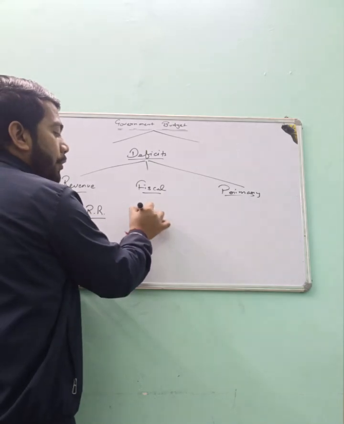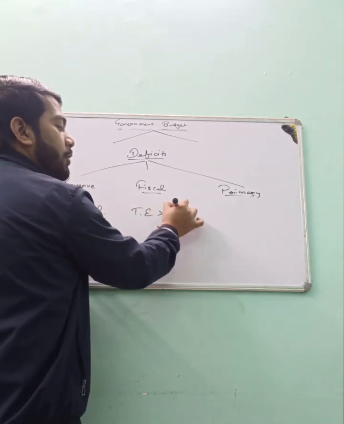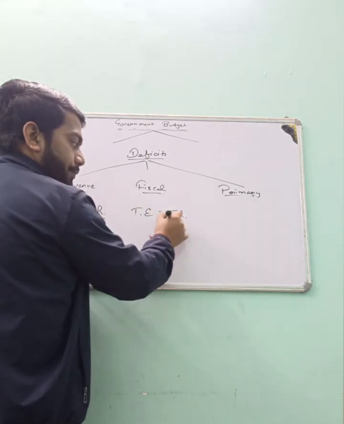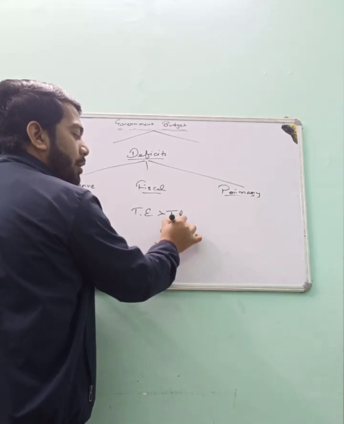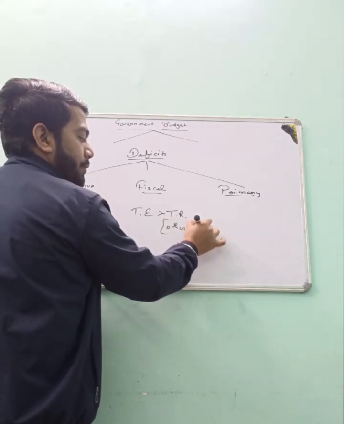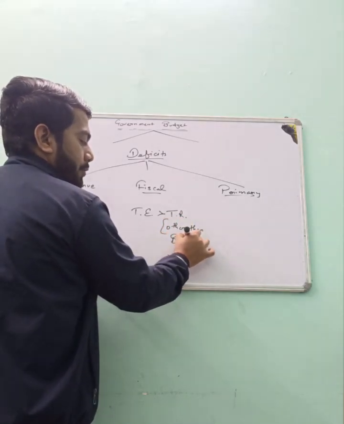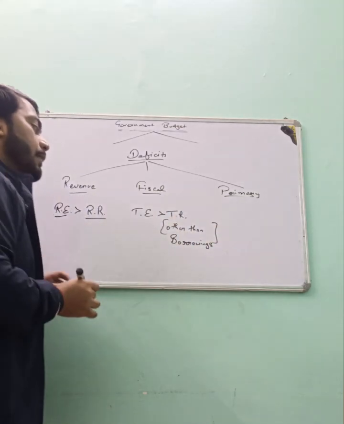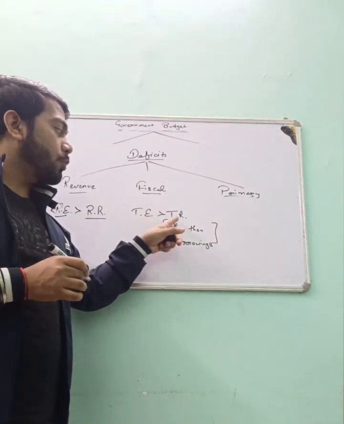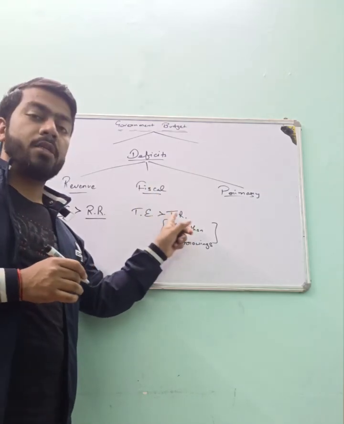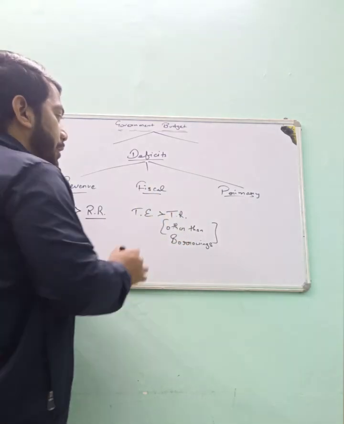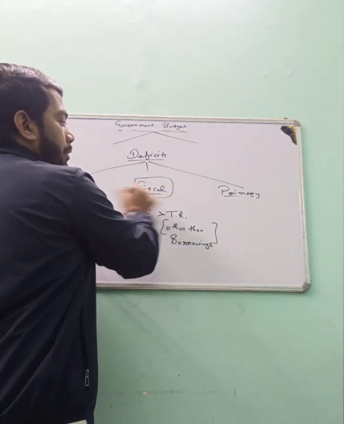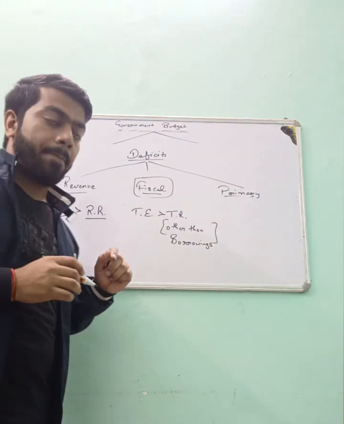And if total expenditure is more than total receipts other than borrowings, then it is called fiscal deficit.